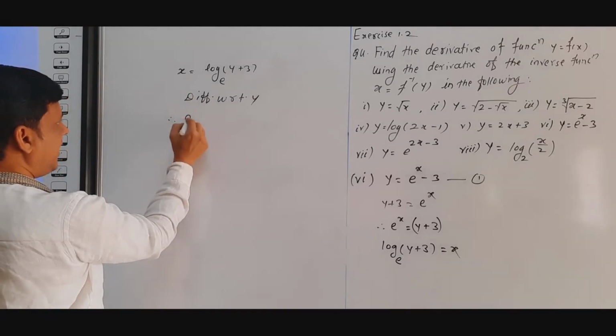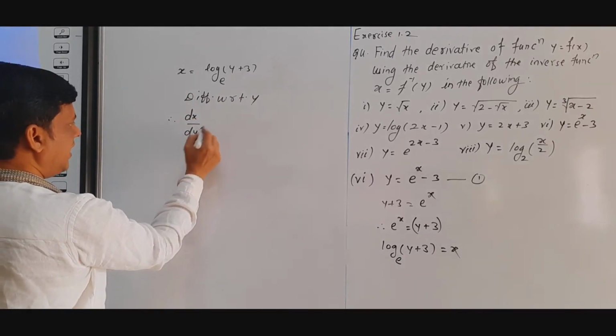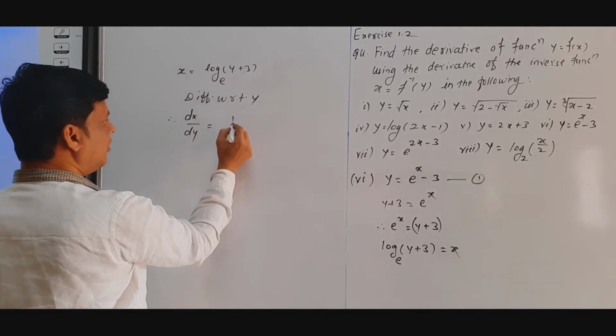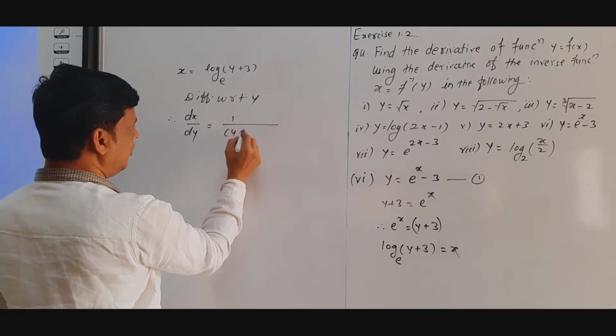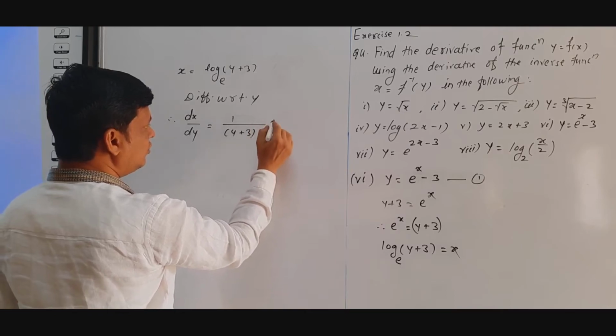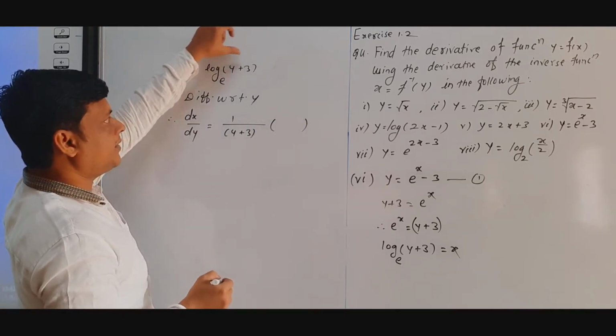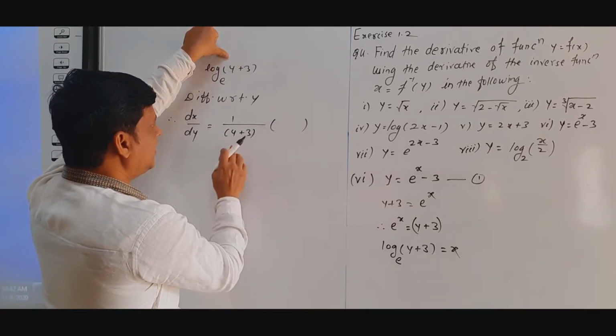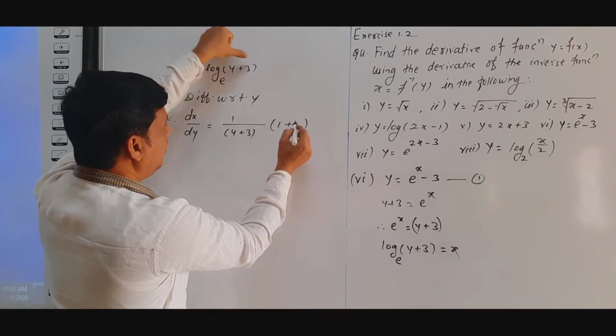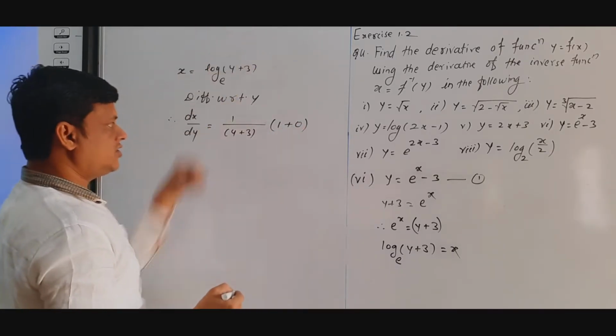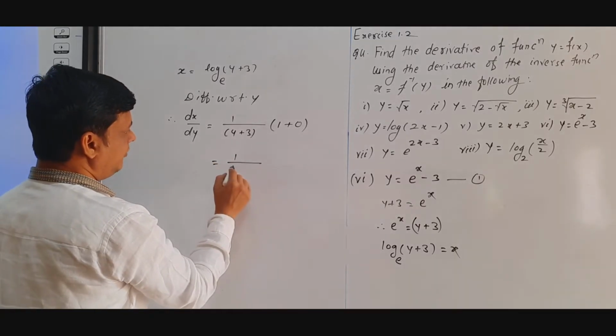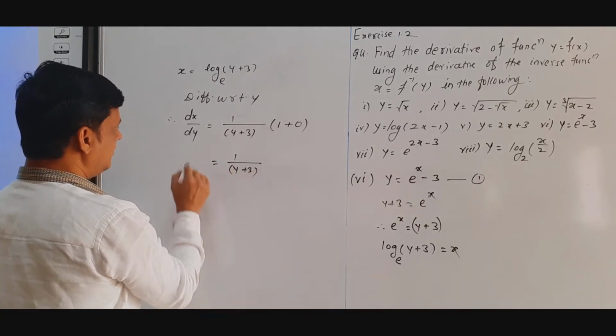Therefore derivative of x with respect to y is dx by dy. Derivative of log is 1 upon, so we write 1 upon y plus 3 into derivative of this y plus 3, derivative of y with respect to y is 1, derivative of 3 with respect to y is 0. So we simply write 1 upon y plus 3.